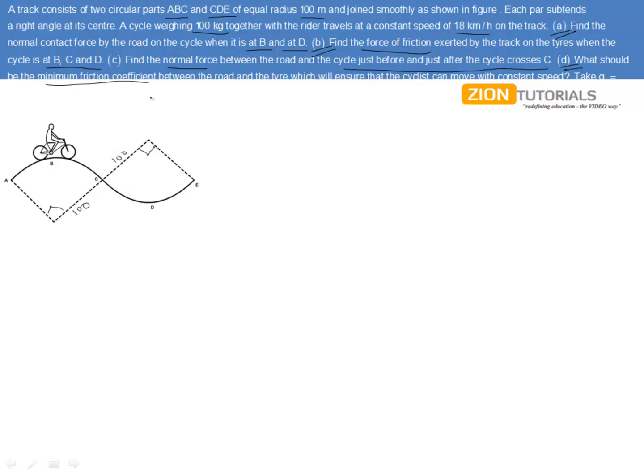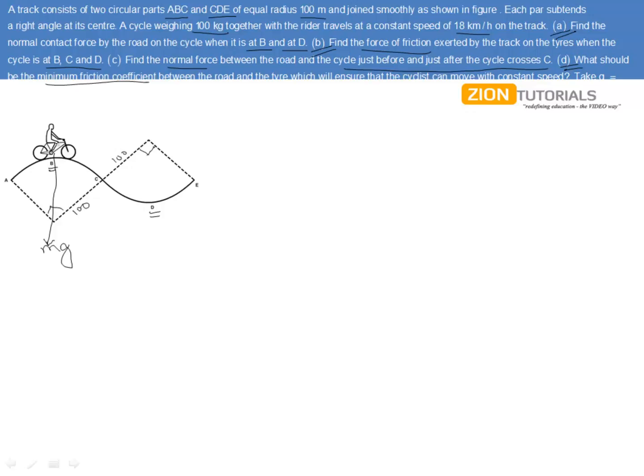Let us first understand this problem. What is the difference when the cyclist is in the path ABC and CDE? The only difference is that the mg will act in the downward direction only, whether the cyclist is at B or at D. But since the center for this curved path is in the downward direction and the center for this curved part is in the upward direction, the centripetal force actually changes.